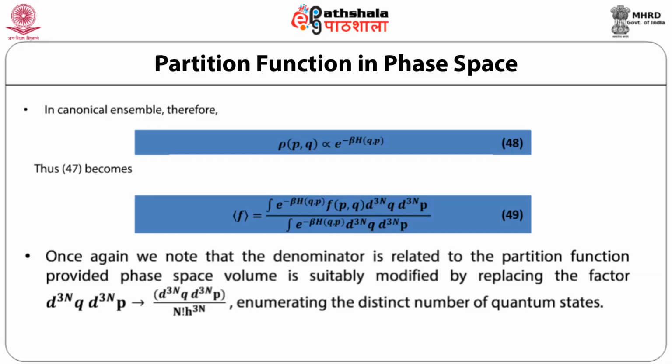Once again, we note that the denominator is related to the partition function, provided the phase space volume is suitably modified by replacing the factor d³q multiplied by d³p by d³q d³p divided by N! h^(3N), enumerating the distinct number of quantum states.